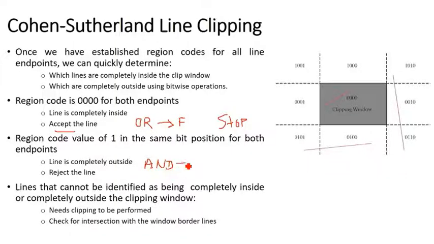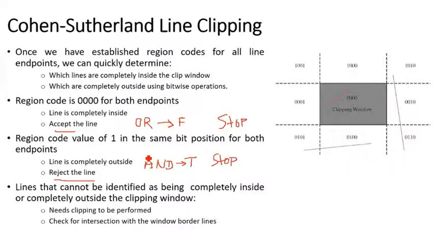If this produces true, then I reject the line and I stop my algorithm because I don't have to draw that line at all. So both these conditions act as stop conditions for this algorithm.